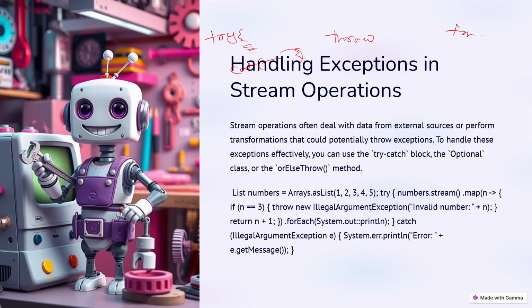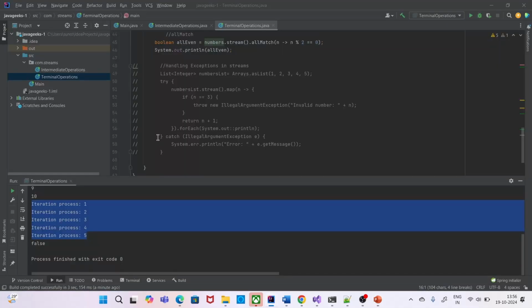We'll discuss the Optional class later. Optional came into the picture to prevent the NullPointerException; for now, just remember that. The try catch block we already know. Let's see an example of how to handle it here.